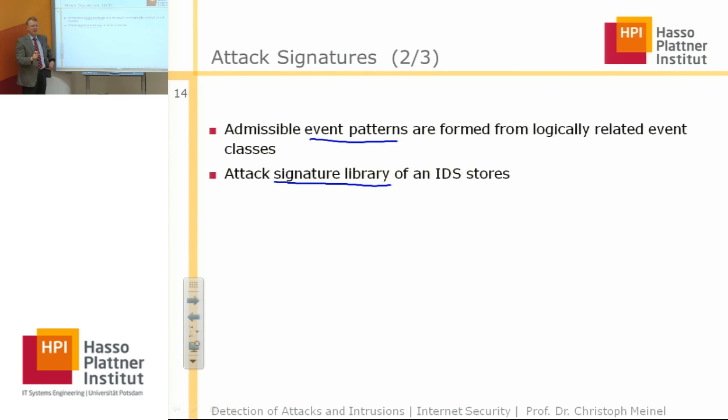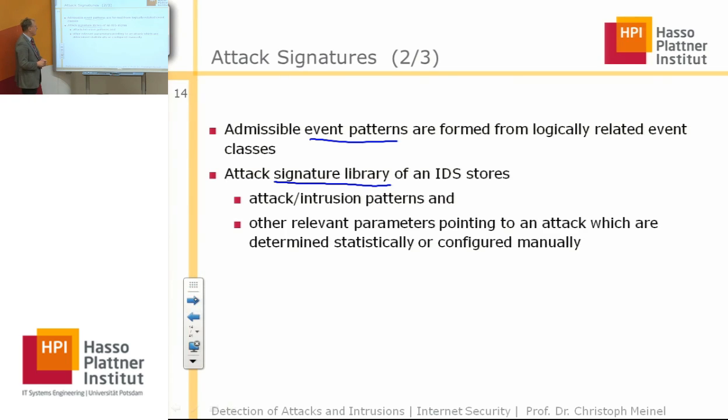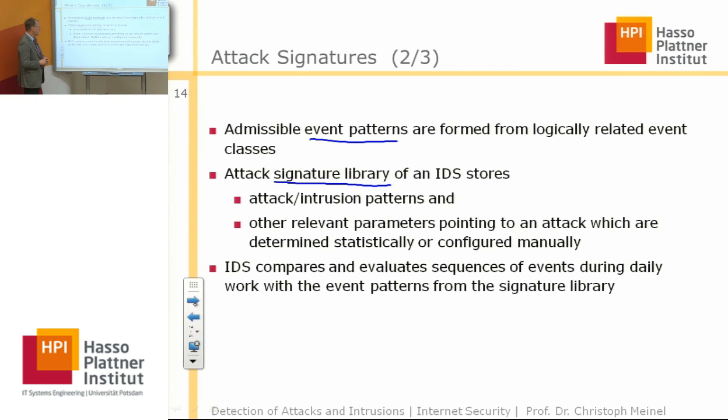In the signature library, the characteristic event patterns of attack activities are stored, and this also forms the basis for the intrusion detection system, which compares the event patterns that happen with the event patterns stored in the signature library. There are stored attack patterns, intrusion patterns, and other relevant parameters pointing to an attack, which are determined statistically or configured manually.